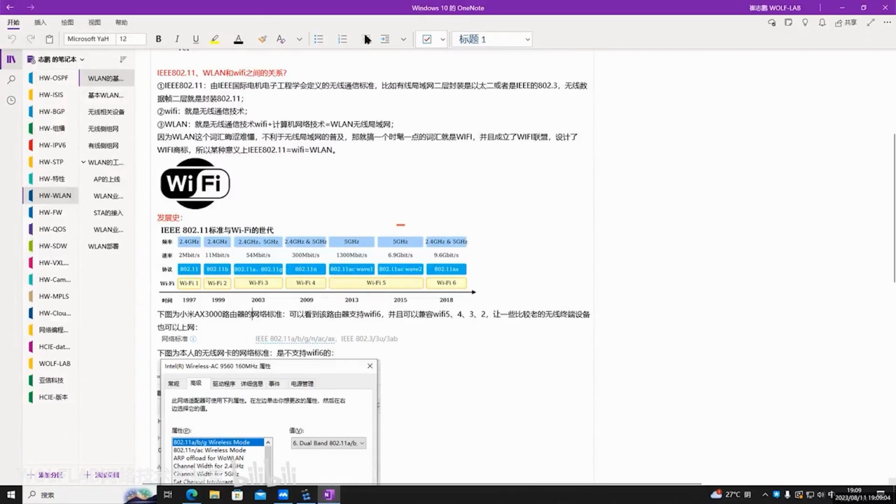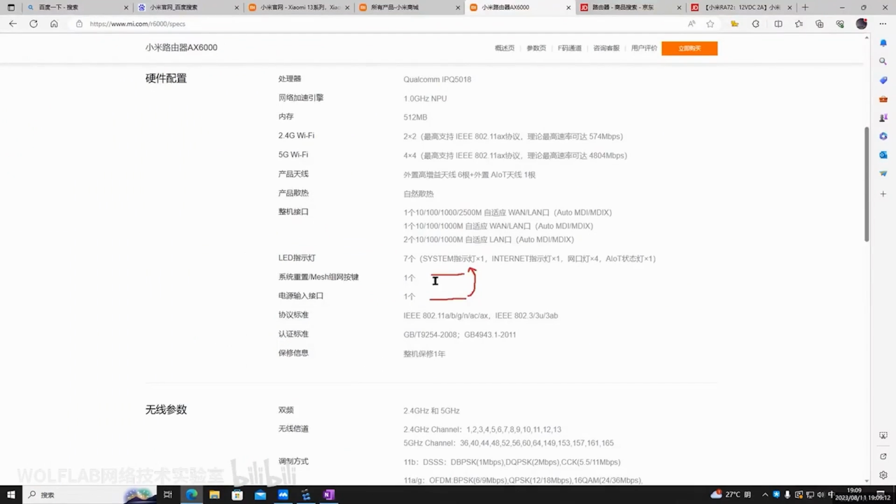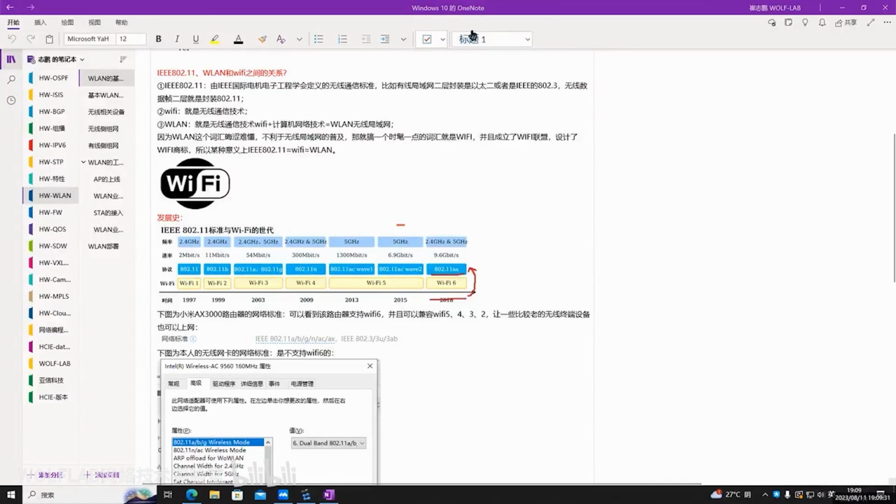Do you understand what I mean? And it also supports 802.11ac and others. What are these? It means it also supports Wi-Fi 5, 802.11ac, and 802.11n. It also supports backward compatibility with Wi-Fi 4, Wi-Fi 3, Wi-Fi 2, and Wi-Fi 1. This is the protocol standard of this router.